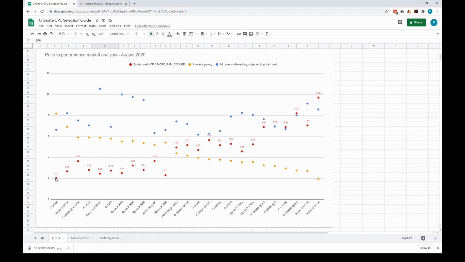You can see that it's sorted from the cheapest one. Basically we have 3 groups here: a low cost group, a middle cost group, and then the super expensive options.